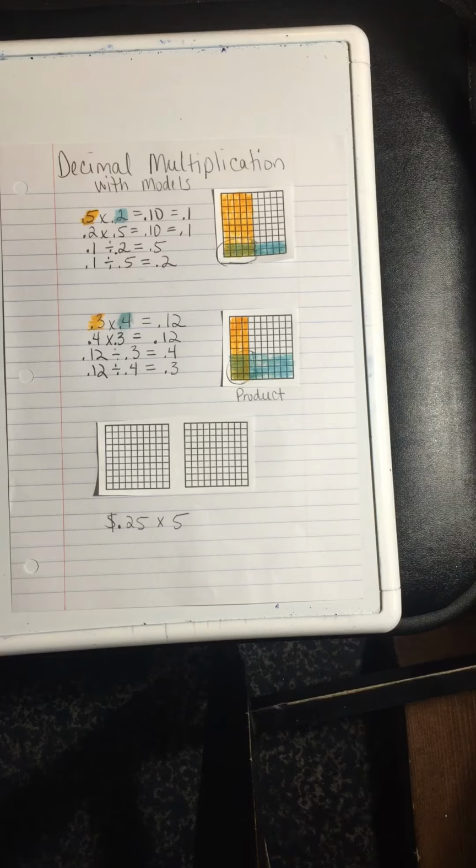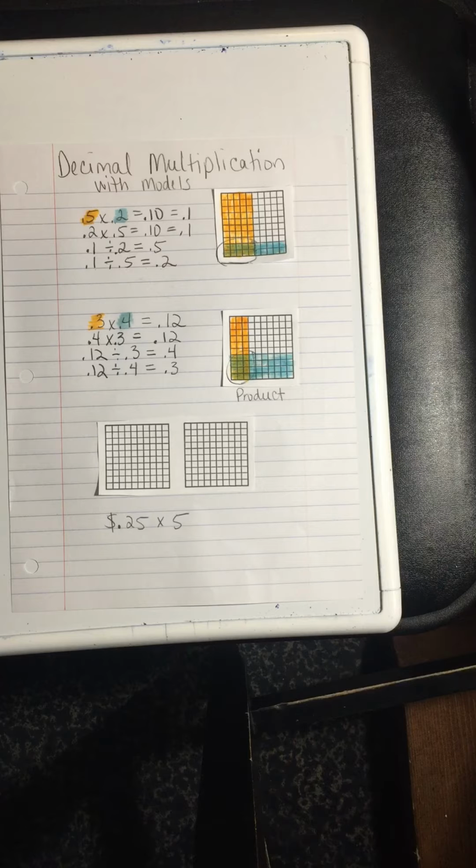All right, so now let's move on to our multiplication of a decimal number and a whole number. This looks a little bit different. Basically, this is repeated addition, and we're going to represent that with our colors. Instead of coloring vertically and horizontally, we're going to alternate our colors.